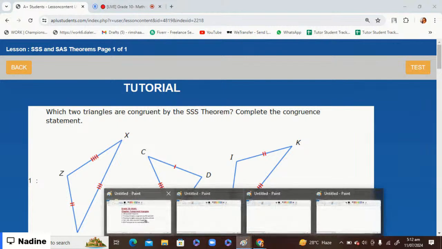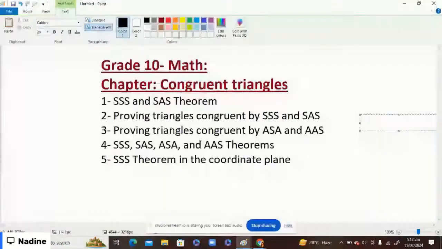So here today we discuss grade 10 maths. This is the chapter on congruent triangles.